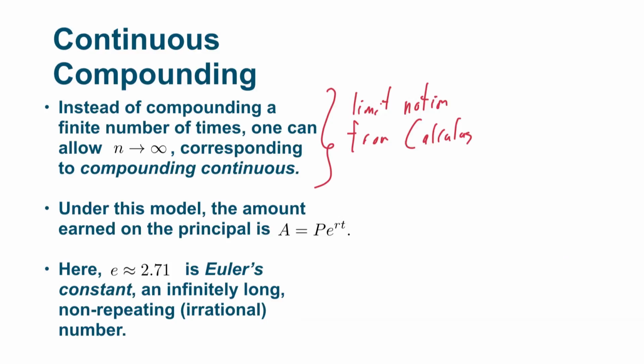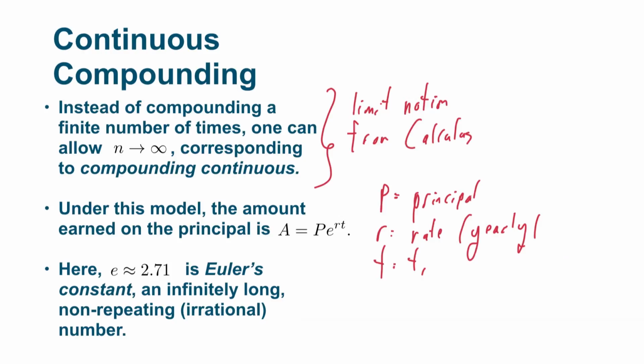It's computed via the famous PERT formula, P-E-R-T, where again, P is the principal, R is the rate per year, and T is time. And you might recall from our earlier modules, we have this nice constant e, which is Euler's constant.